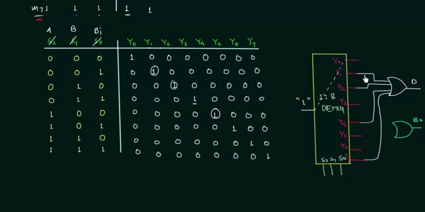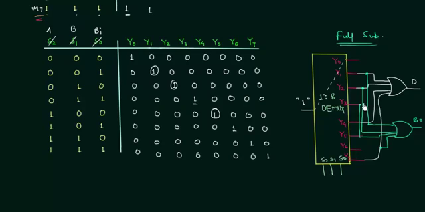So we will have Y1 as one of the input, Y2 as the other input, Y3 as the next input, and finally Y7 will act as the last input. So this is how we have to implement a borrow output, and this circuit will work as full subtractor.